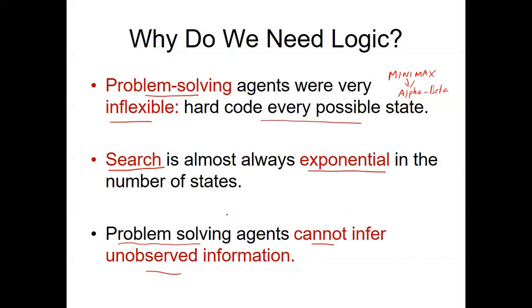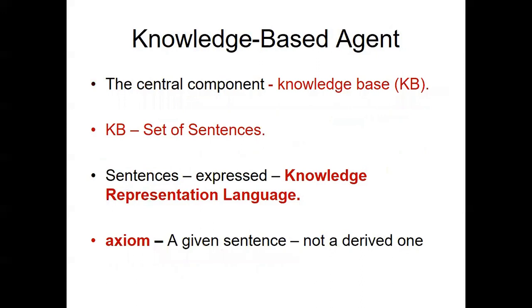They cannot infer new knowledge, right? Because of these things, we are moving to the next level of artificial intelligence, the next level of agents, which are called logical agents, right?